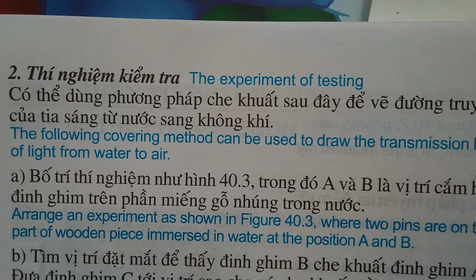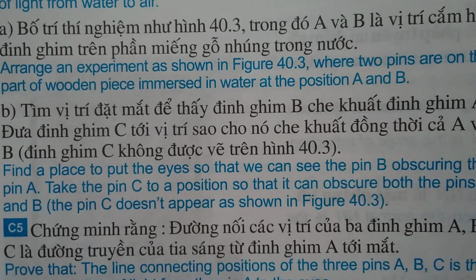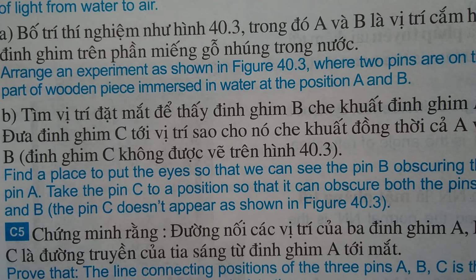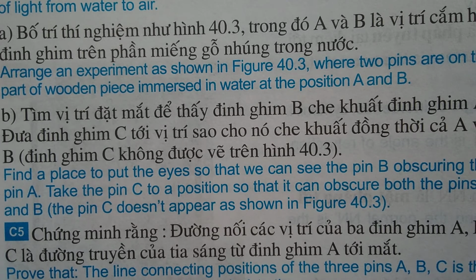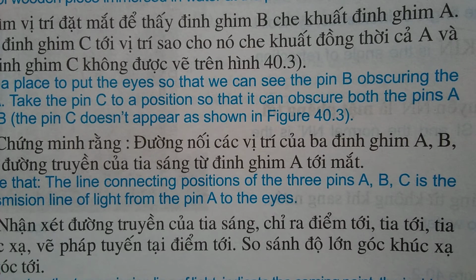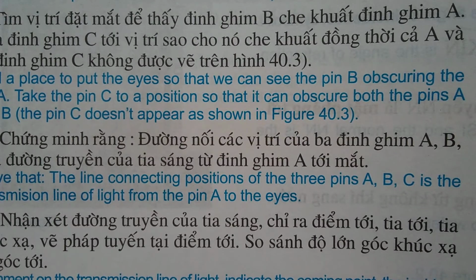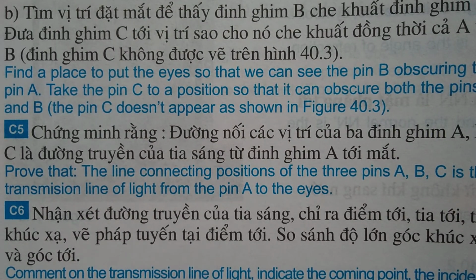Arrange an experiment as shown in figure 40.3, where two pins are on a wooden piece immersed in water at the positions A and B. Find a place to put the eyes so that we can see the pin B obscuring the pin A. Take the pin C to a position so that it can obscure both the pins A and B. The pin C doesn't appear as shown in figure 40.3.